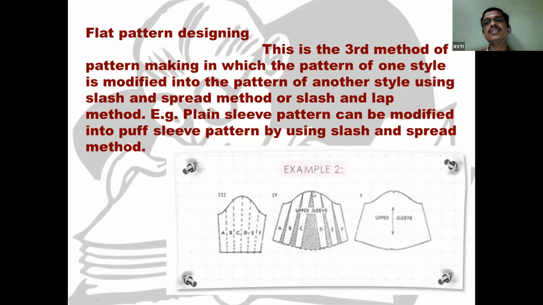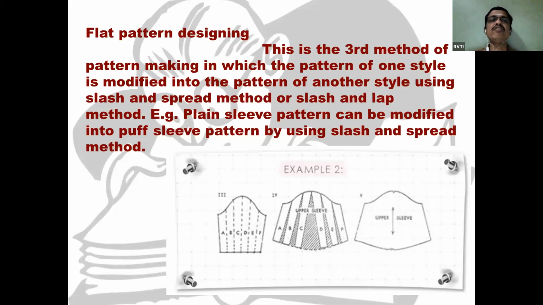That is known as slash. That's the main difference between slash and cut. Cut means after cutting, the one part is bifurcated into two parts. But slash means you make the cut up to 95%, but even at one point the two parts will be joined.